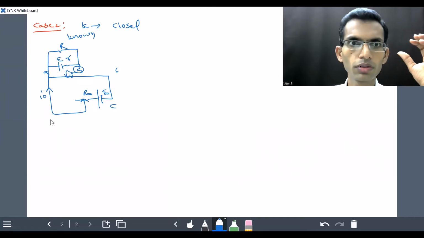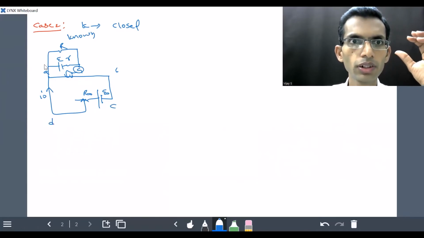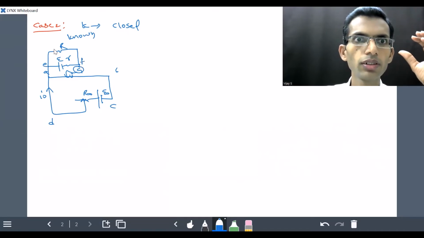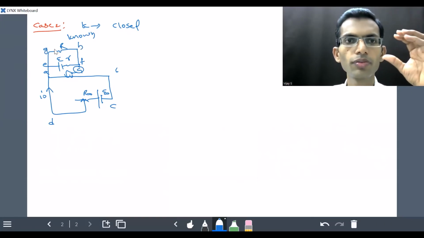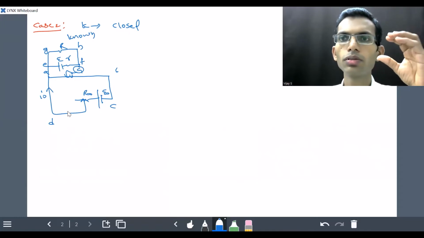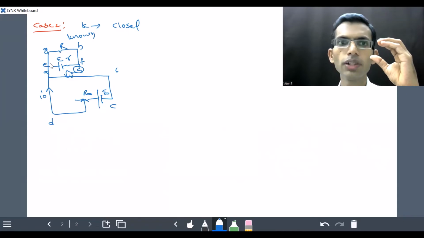Let me name the terminals: this is AE, FJ, and this is GH. When key K is closed, this resistance also gets connected to the main circuit.